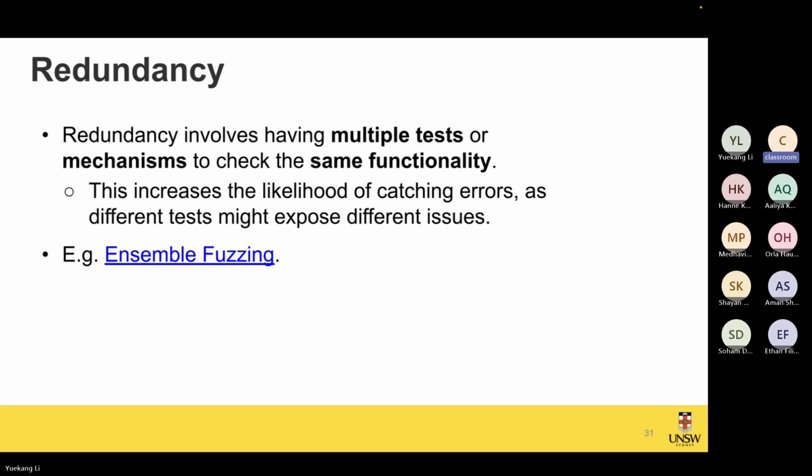One example is ensemble fuzzing, which is another technical term that we will learn later. As indicated by the name, this technique combines different testing techniques together to test the target.